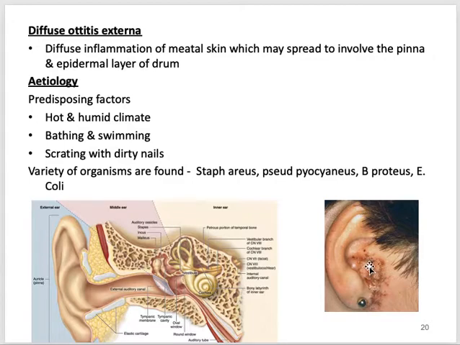So there could be trauma to the skin, especially when you are excessively sweating, or when you're going for swimming, the skin can have trauma over here, which can lead to infection.